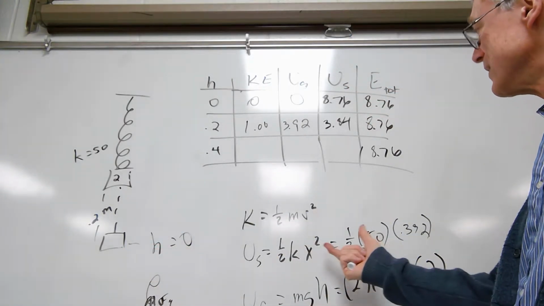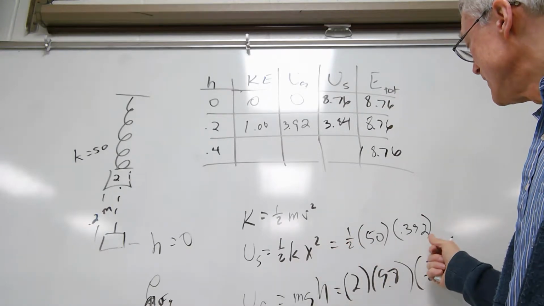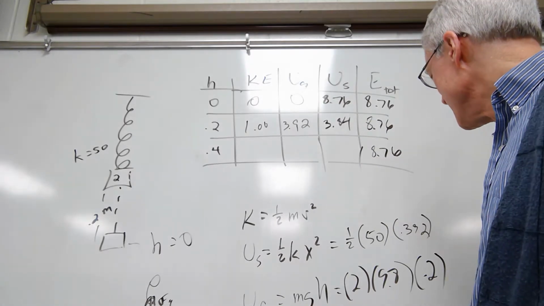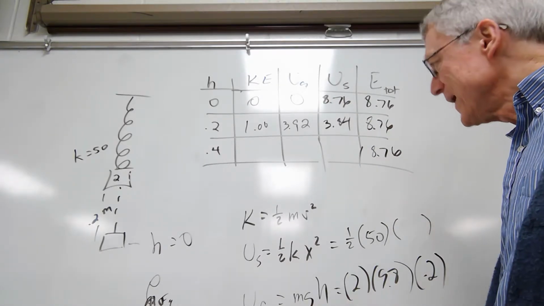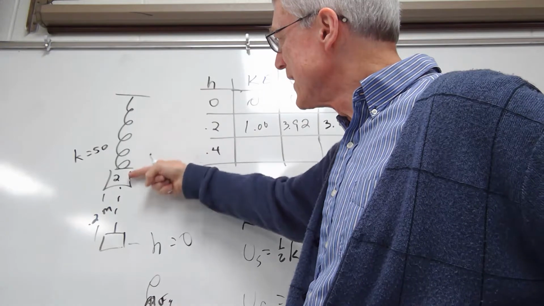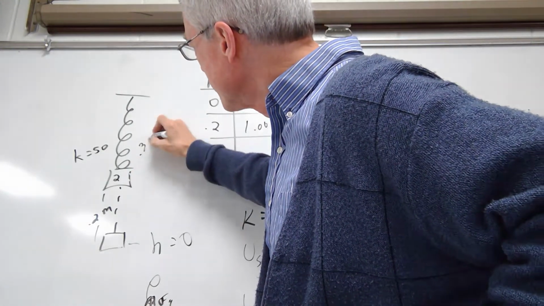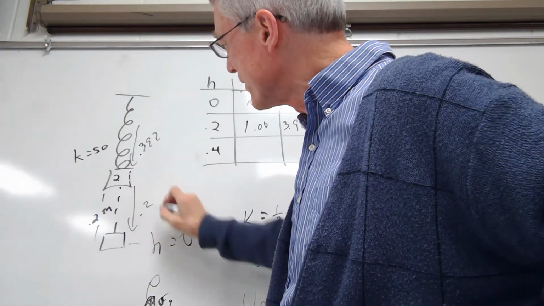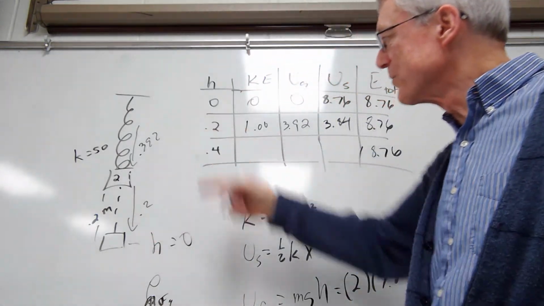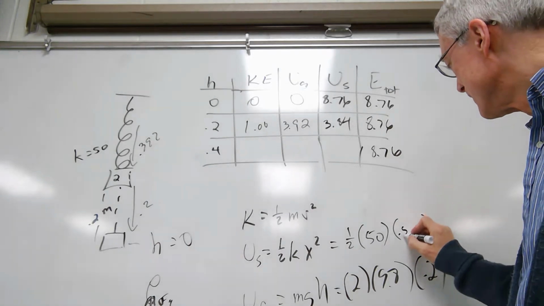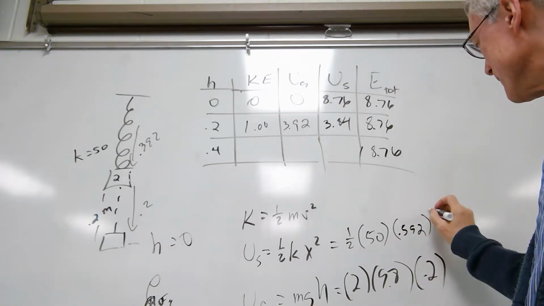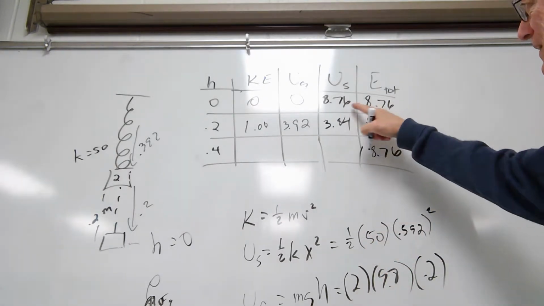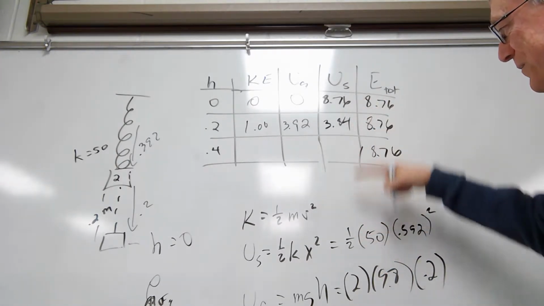When I did it for up here, I needed to make the x be the 0.392. 0.392 was how far it moved to get here, and then here it moved another 0.2. So the total x there was 0.592 squared. And that's what should give you the 8.76. There you go. Now we fixed that.